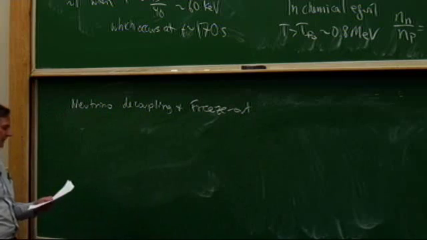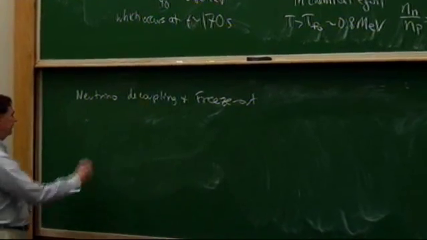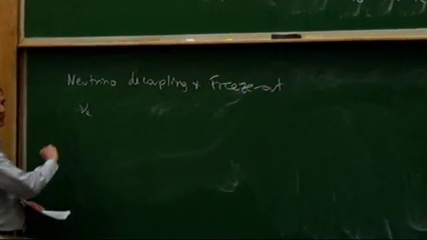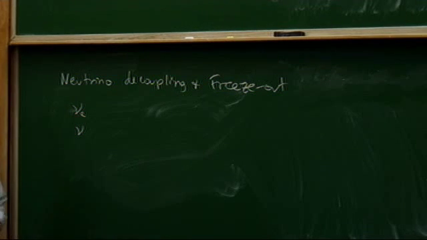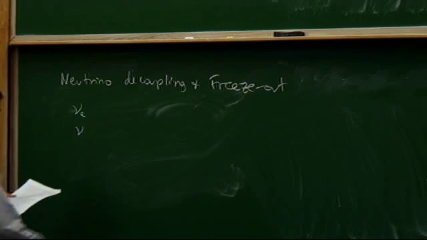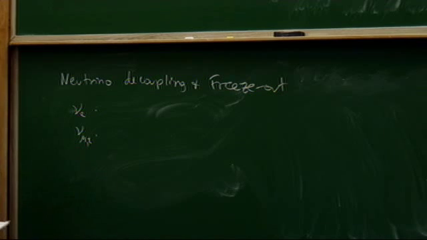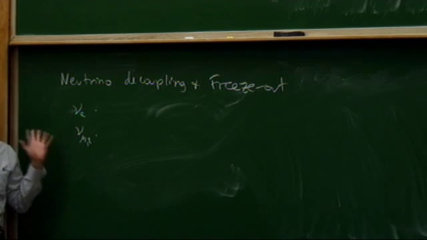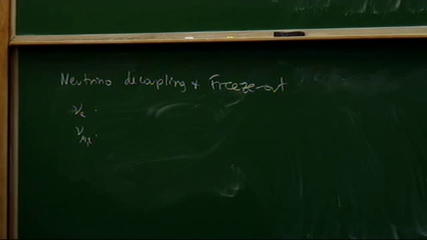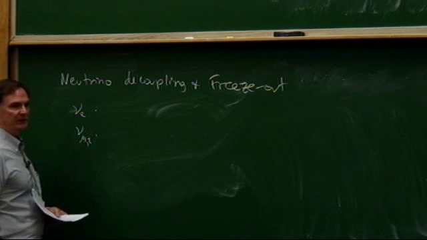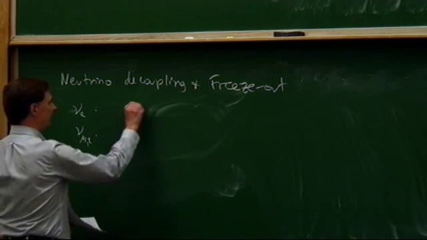The weak interactions decoupled. And from the perspective of the neutrinos themselves, if I look at the rates of production and destruction of neutrinos as opposed to neutrons, then, of course, I have three flavors of neutrinos, and all three flavors are important in the energy budget of the universe, but they decouple at slightly different temperatures.